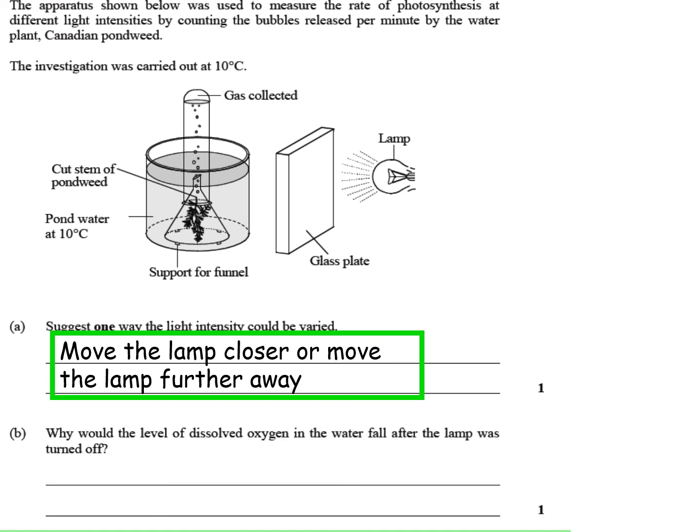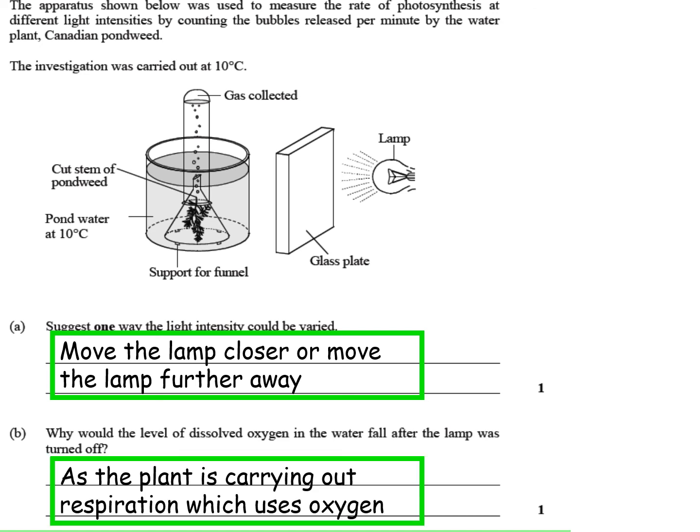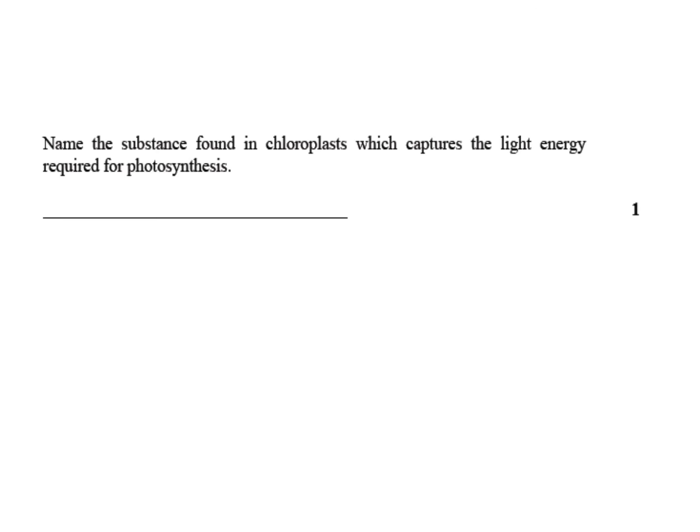If it was falling, it means it's decreasing. So why might oxygen be used up? What other process do plants carry out that might mean that oxygen actually starts to fall? Respiration.